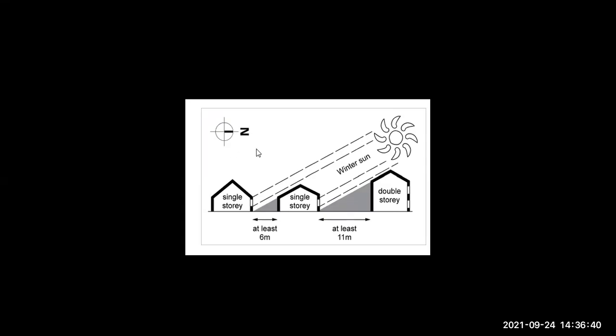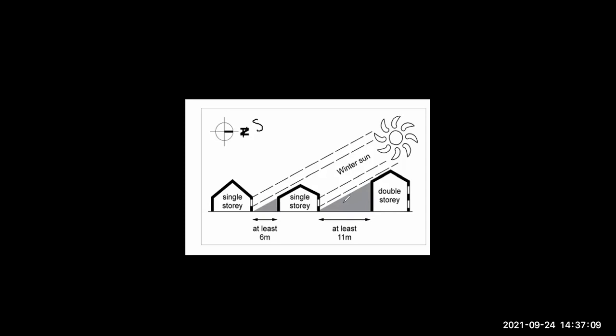We'll just replace the north with the south here. This is not north, this is south, and the winter sun is from the south. This is a single story building. If there are two adjacent buildings, they should be at least 6 meters apart if they are single story, and if they are double story, at least 11 meters apart. That's more than 33 feet, around 36 feet or more.